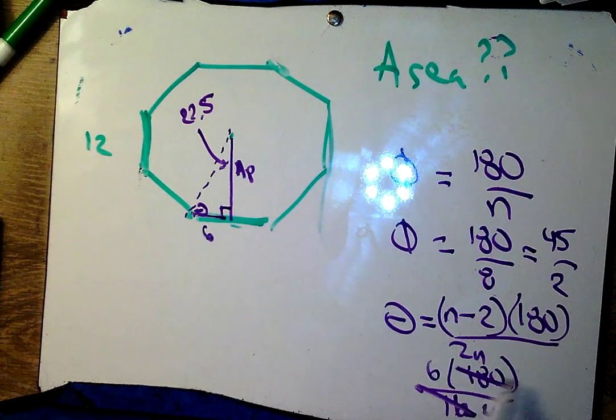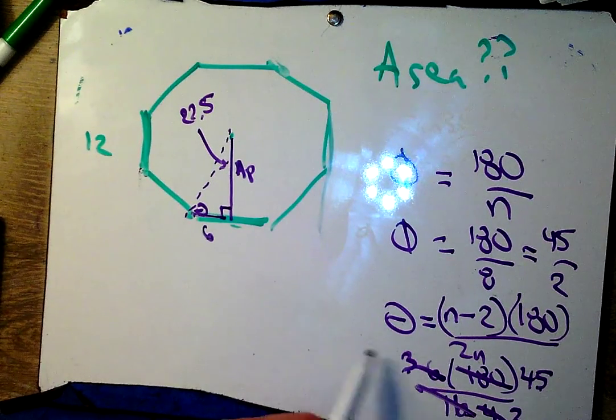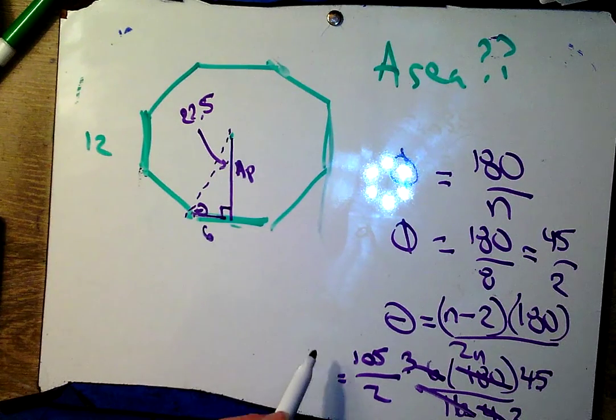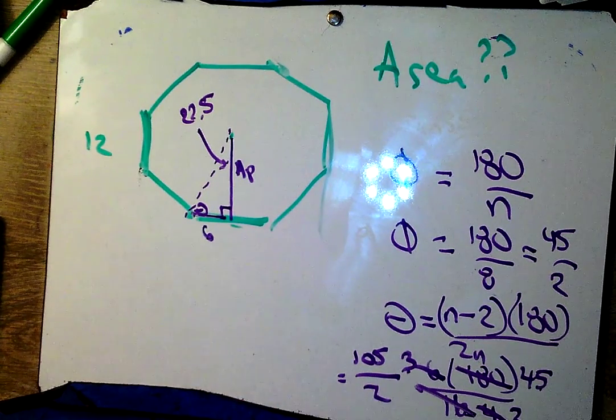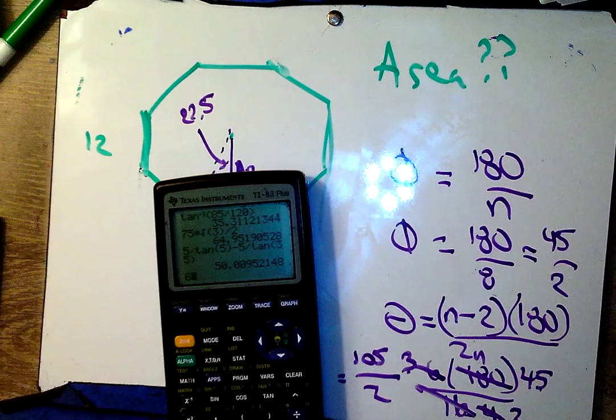I know 4 goes into 180 45 times, and I can take a 2 out of there, and I get 3 times 45, which is 105, divided by 2, and that's feeling like it's not quite right. Let's pull out the calculator. So I've got 6 times 180 divided by 16.